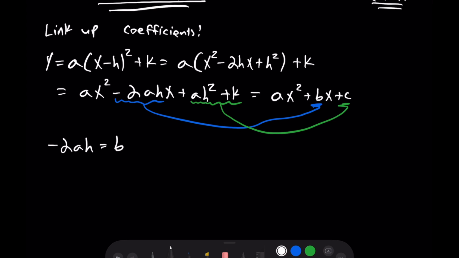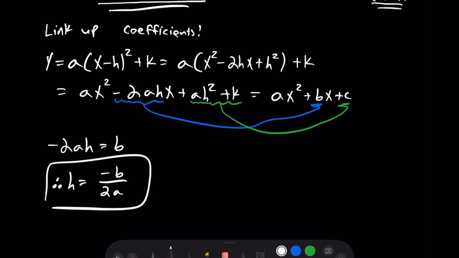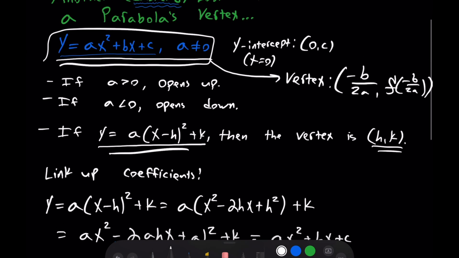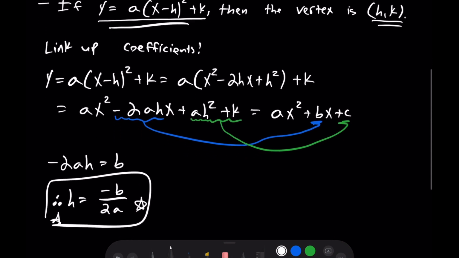So if we divide both sides of the equation by minus 2a, we can say, therefore, h is equal to minus b over 2a. Boom. We're basically done. And look, of course, that this corresponds to what any textbook would tell you. So just by setting the coefficients equal, we can get our vertex.